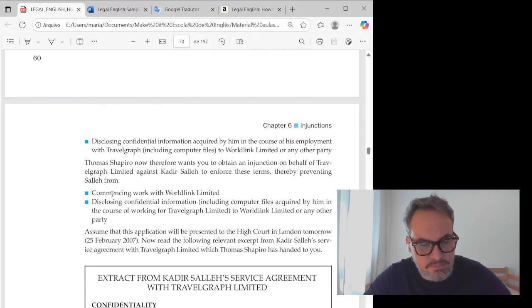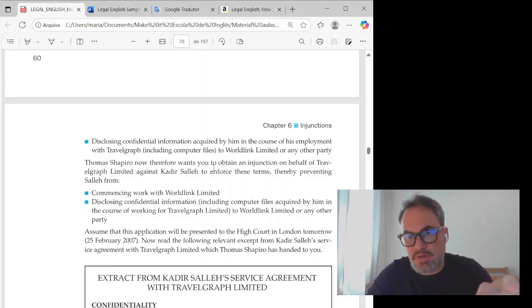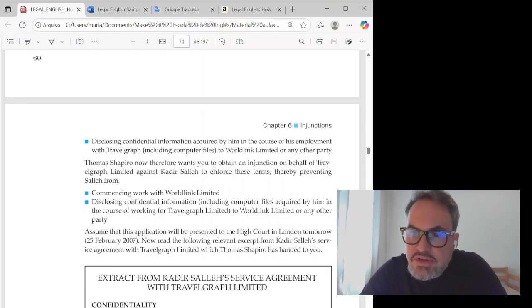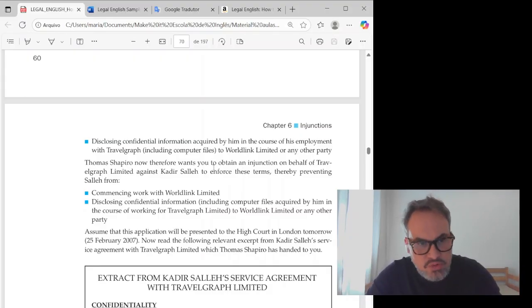Thomas Shapiro now, therefore, wants you to obtain an injunction on behalf of Travel Graph Limited against Kadir Saleh to enforce these terms, thereby preventing Saleh from. So he wants us to get an injunction in the court trying to prevent Saleh from commencing work with WorldLink Limited, stopping him from working there, right?